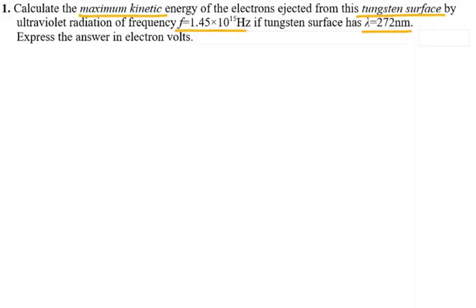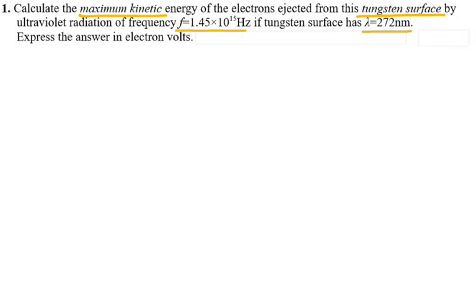So here's going to be our first question, and it says, calculate the maximum kinetic energy of the electrons ejected from this tungsten surface. So every material has a work energy, the energy needed to pull an electron out from its surface by ultraviolet radiation. So they give you the frequency of the incoming photons, 1.45 times 10 to the 15 hertz.